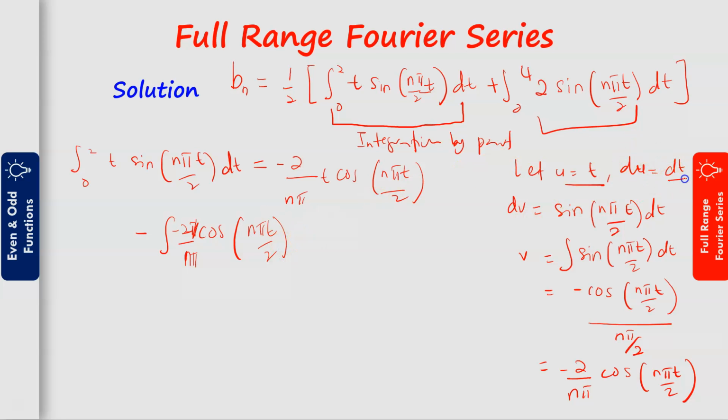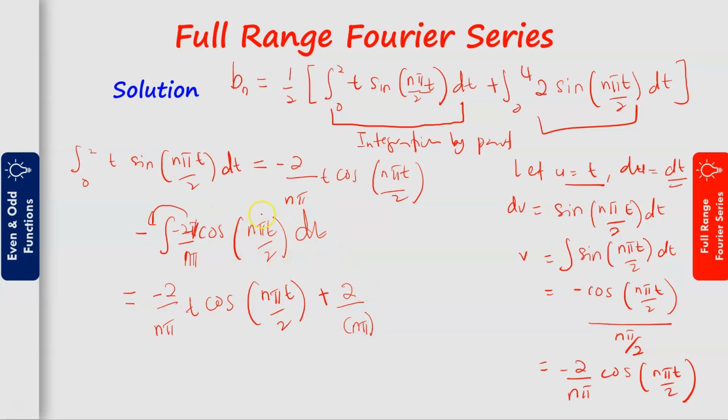Du is given by dt. So now we have dt, and then we need to integrate this part. I write again this part, negative 2 over n pi t cos n pi t over 2, plus, I move this one outside, so I have 2 over n pi.